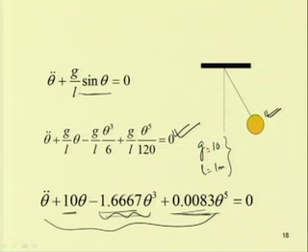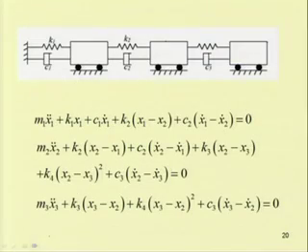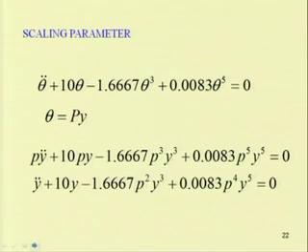To write this equation in a modified form, we can use a scaling factor or bookkeeping parameter. Let us take theta equal to p y, and substitute it in this equation.